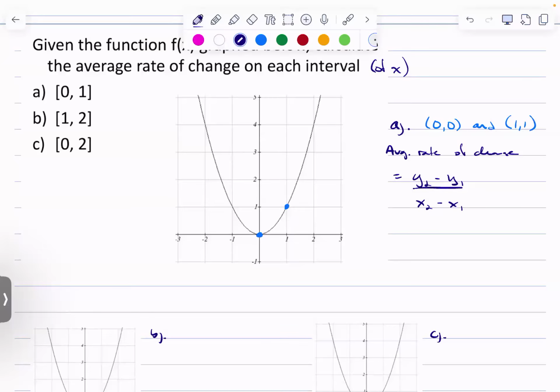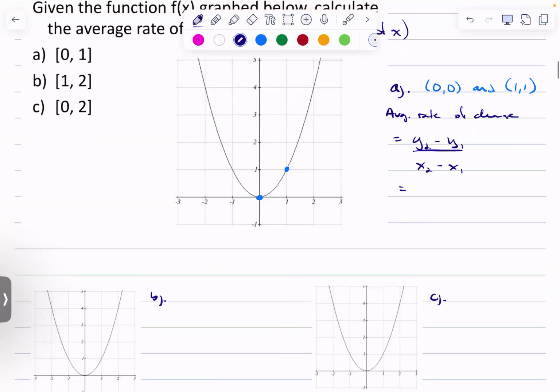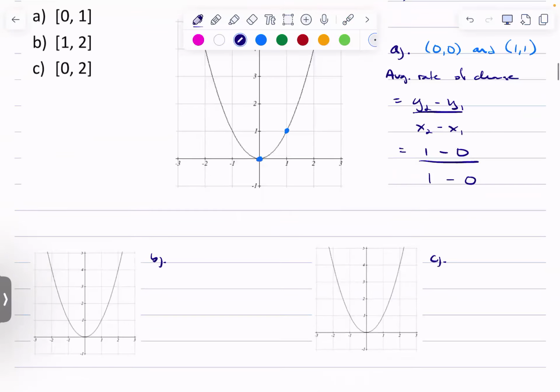So when you're using a graph like this, I do recommend that you jot down your points, and then it'll be easier to look at your x's and your y's. Because now my y2 is 1 minus 0 divided by x2, which is 1 minus x1. So I just get 1.